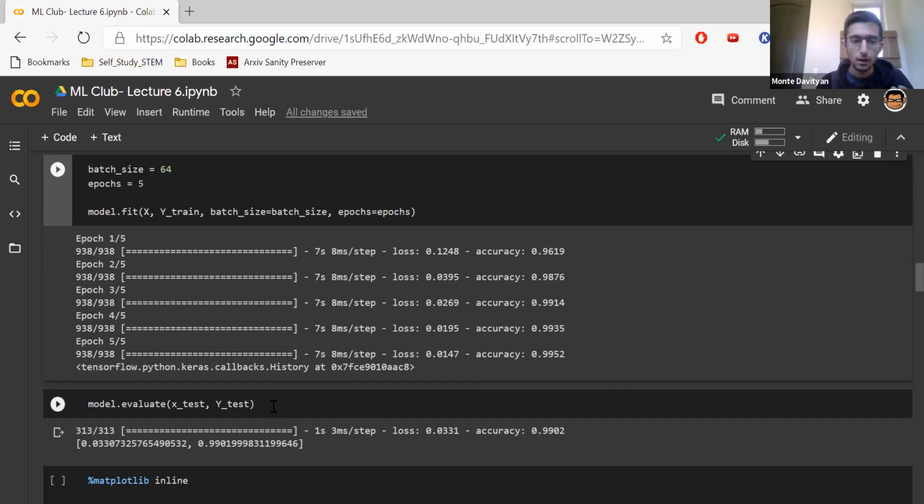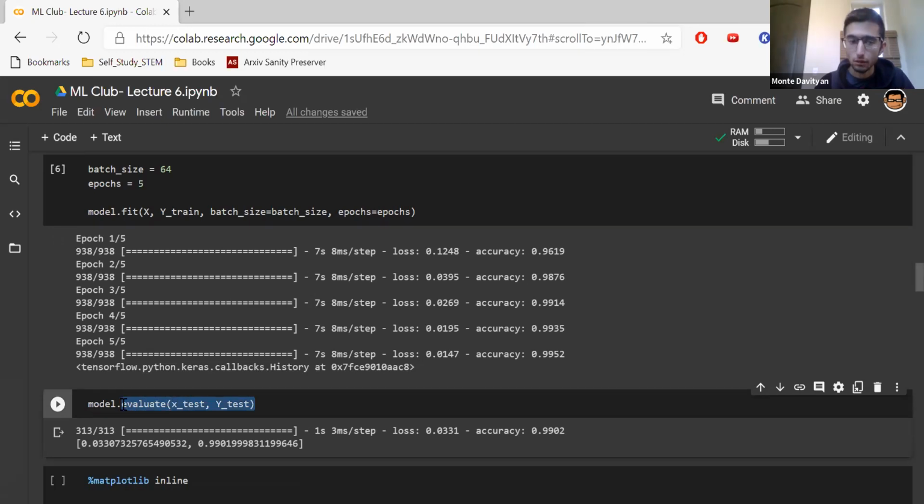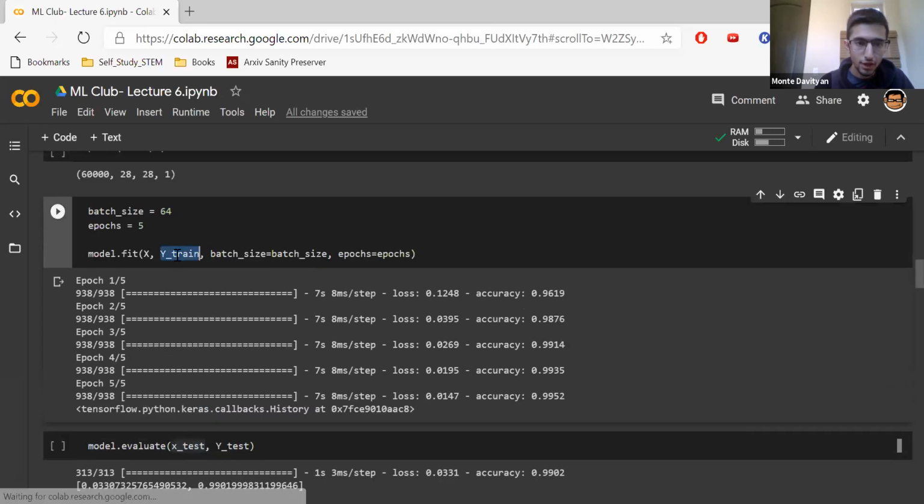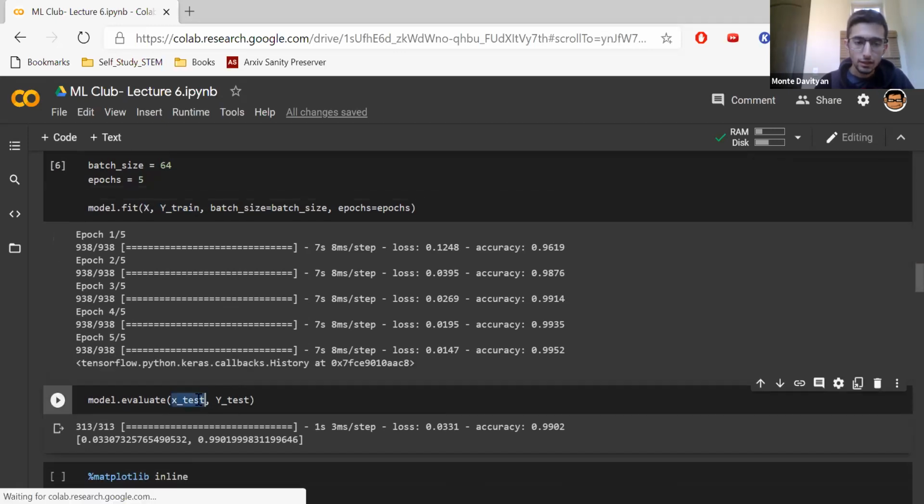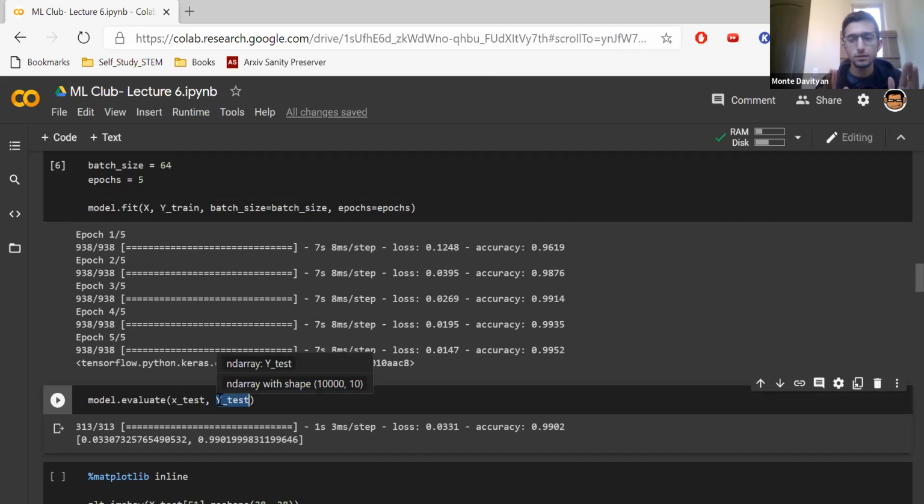And so we want to actually evaluate the model using data that it's never seen before. Remember, we used the Y train and the X train to actually train the model. But this X test and this Y test, it's never seen this data before. And we want to see, did it learn something, or did it just memorize the data?